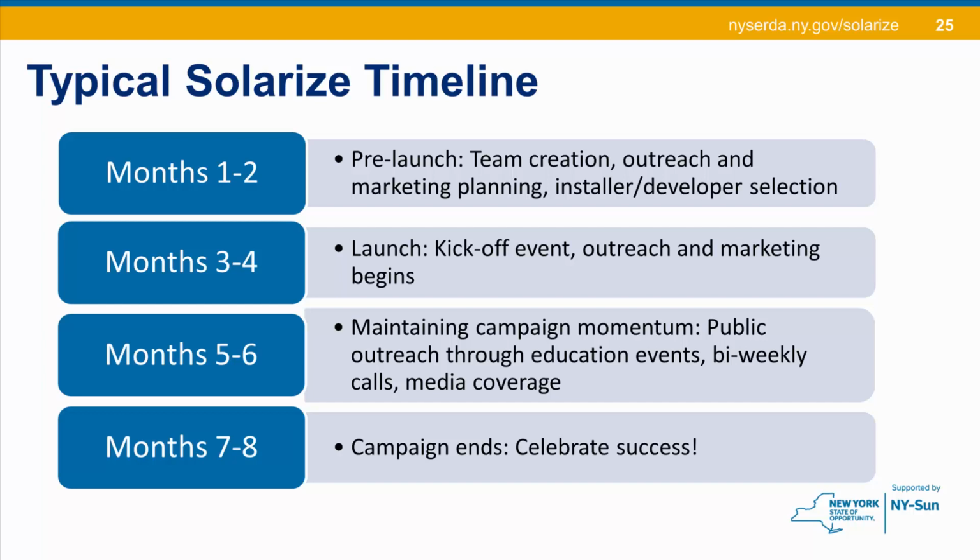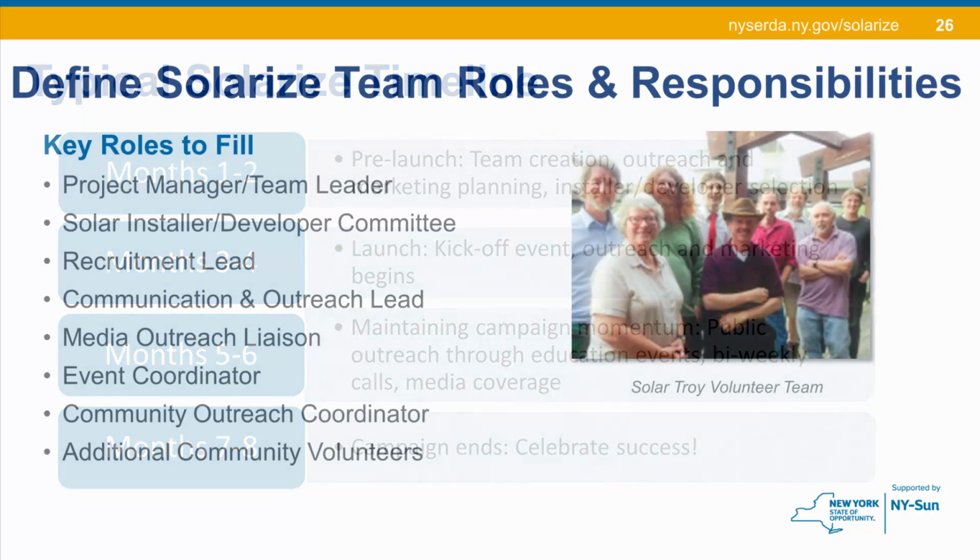You will be running educational workshops, participating in community events to promote the program, working closely with your installer, and trying to get people to sign up with the program to get a free site assessment and hopefully decide to go solar. At the end of the campaign, you will celebrate your success and think about what is next. We'll go through each of these components later in this presentation.